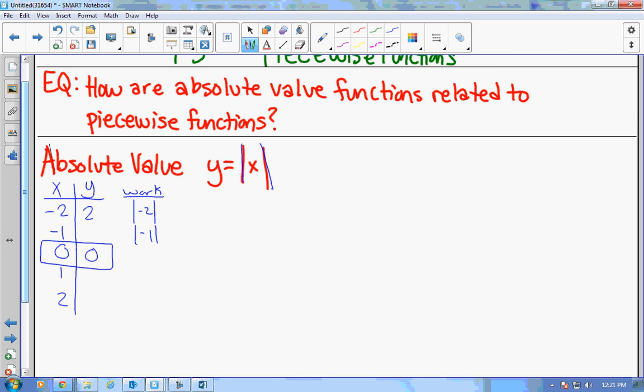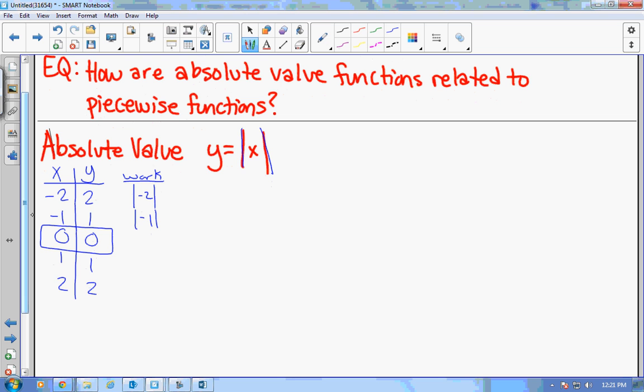Cameron, what's that? Okay, positive. Okay, fingers in the air. What y value should I put with x equals 1? Fingers in the air, what should it be? Good, and what about here at x equals 2? Why do we know these automatically without doing work? Because of symmetry. Good.